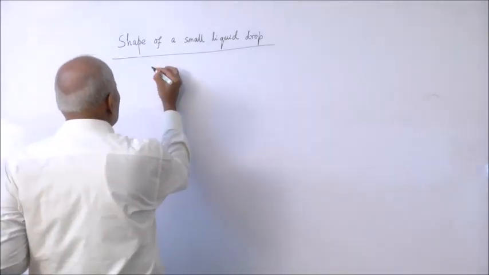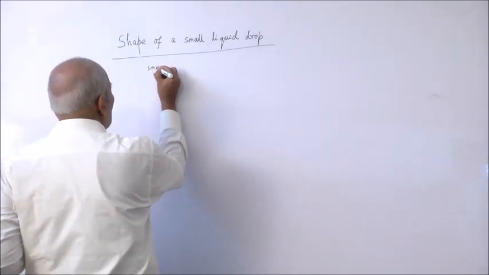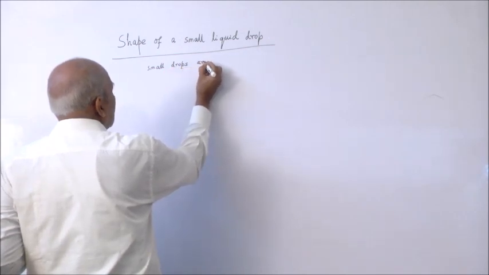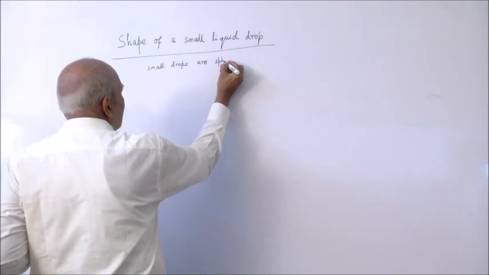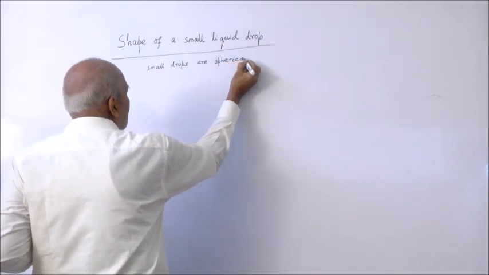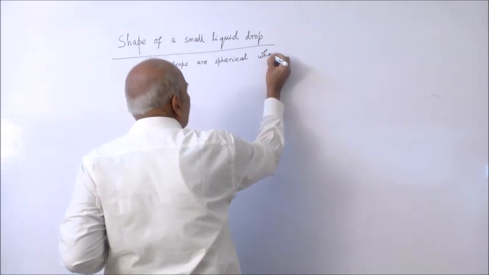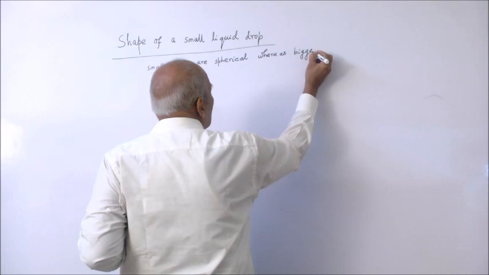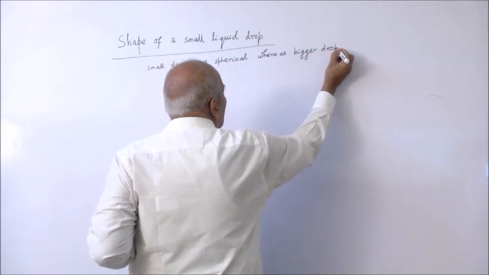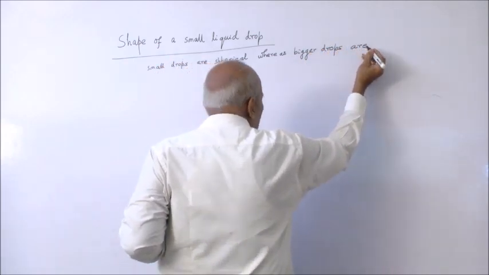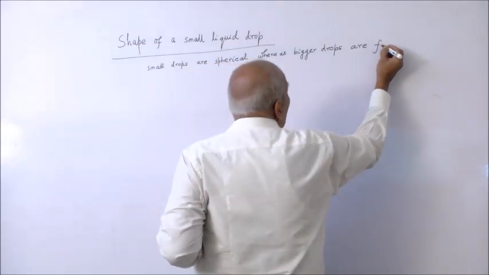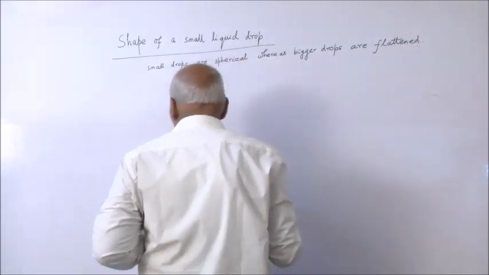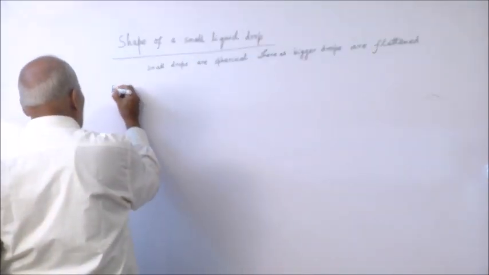So, small drops are spherical, whereas bigger drops are flattened. The explanation.